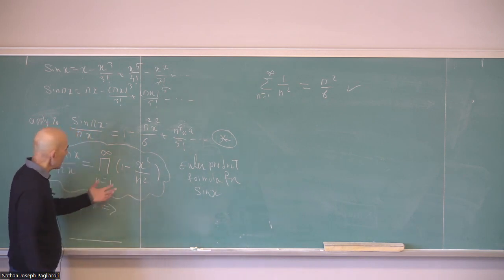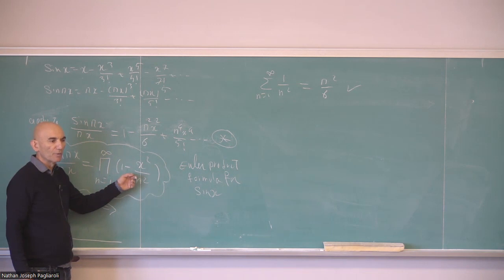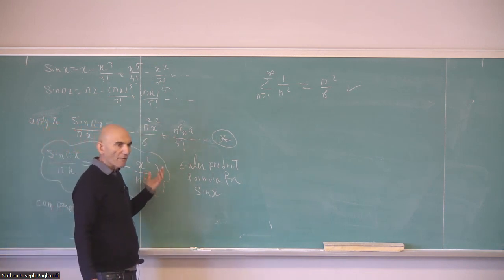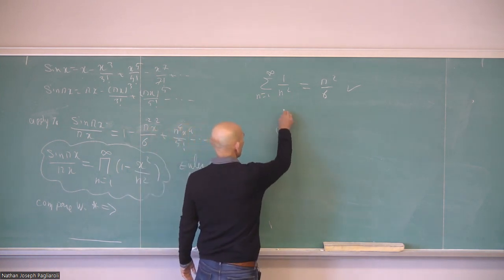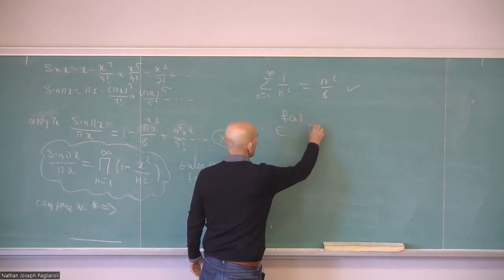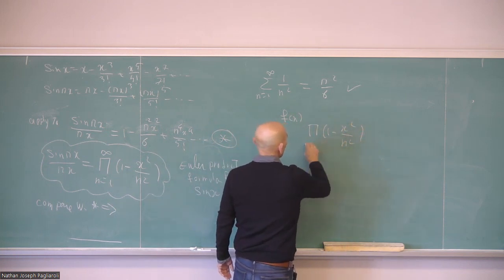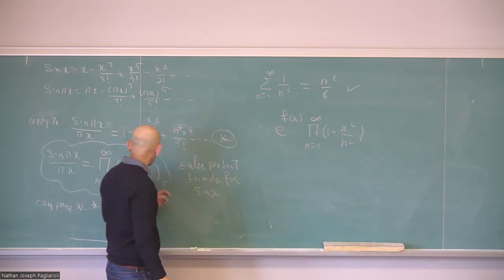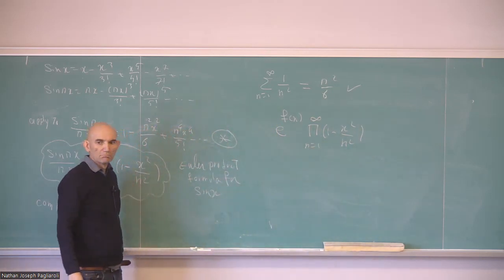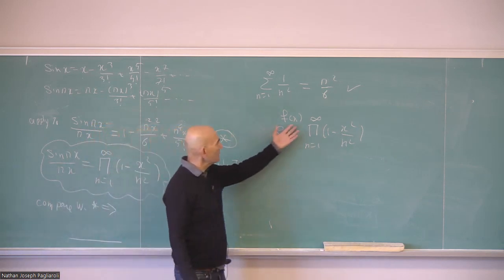His argument is that I know the roots of this function, so I know that it must be of this form. But if you know the roots, you can still have some factor like this. This has the same roots as this one, and this is missing.